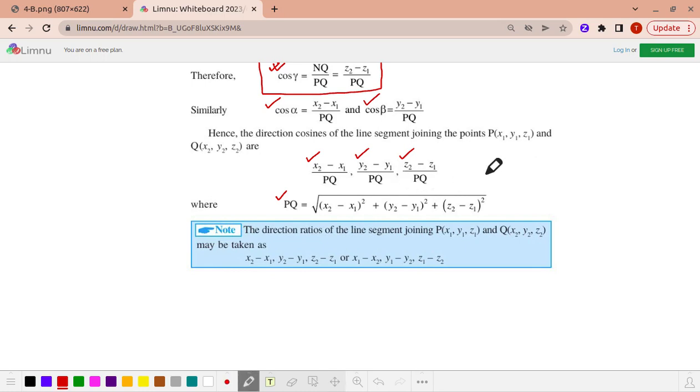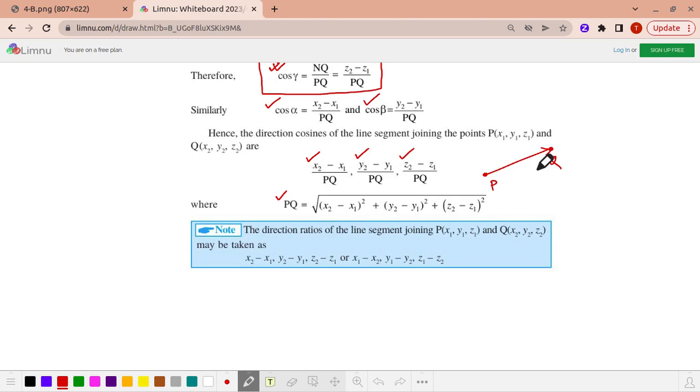If we consider the point P here and Q here, and this is the directed line, then this is the direction cosine. Now if we exactly reverse the direction, from Q to P, then the direction cosines will be x1 minus x2 by PQ, y1 minus y2 by PQ, z1 minus z2 by PQ. I am just informing you so that you get a very clear idea.